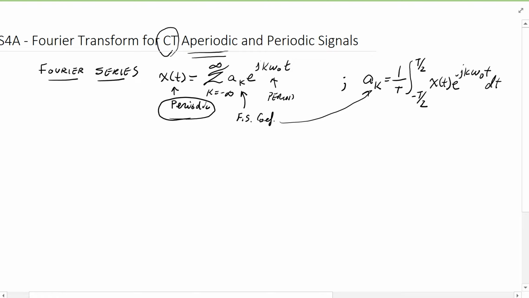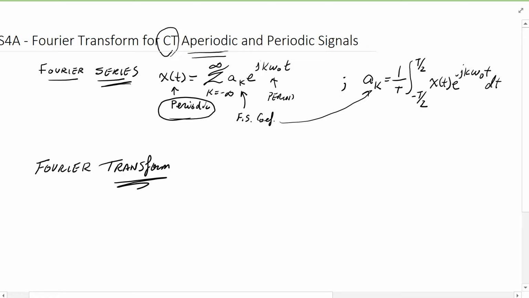Now the question becomes, what if my signal is not periodic? Then what do I do? In that case, we have to rely on a modification of Fourier series we will call Fourier transform. Again, this is a common point of confusion because they both start with the word Fourier.